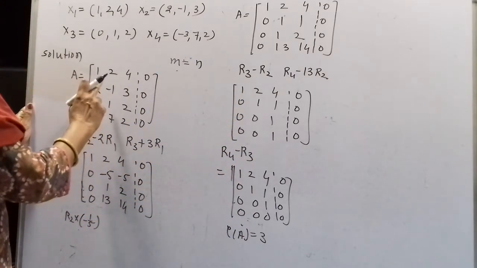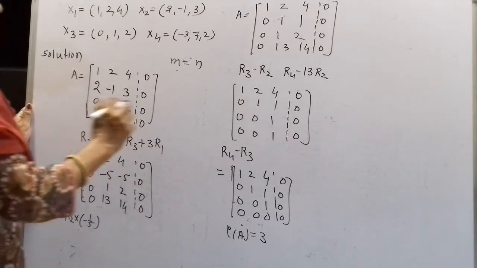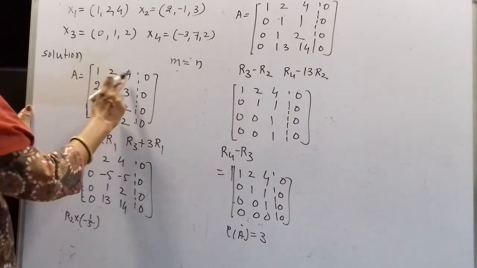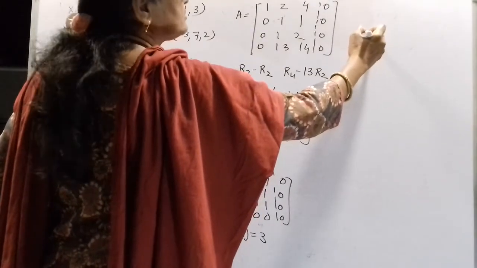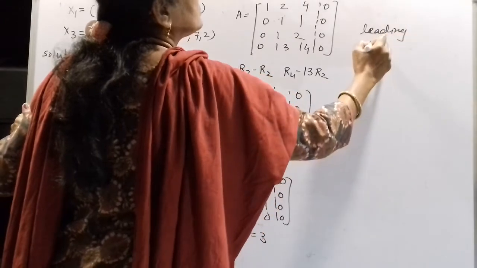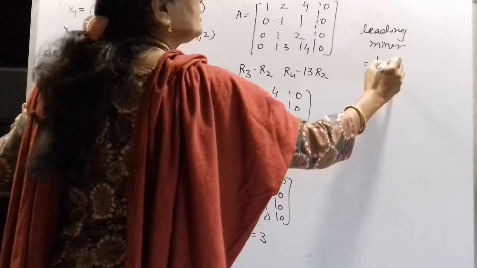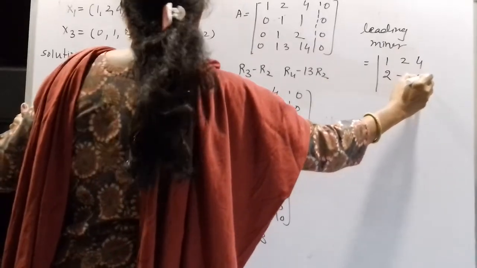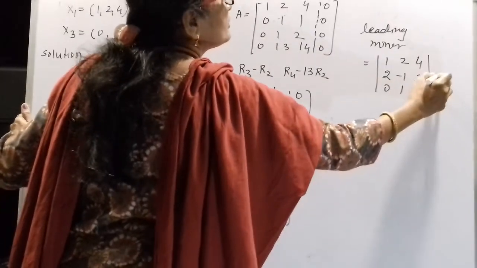So we have to take the 3 by 3 determinant of matrix A. From A we will take the 3 by 3 determinant, starting from the first. So that will become the leading minor. Leading minor is 1, 2, 4, 2, minus 1, 3, 0, 1, 2, and that is not equal to 0.